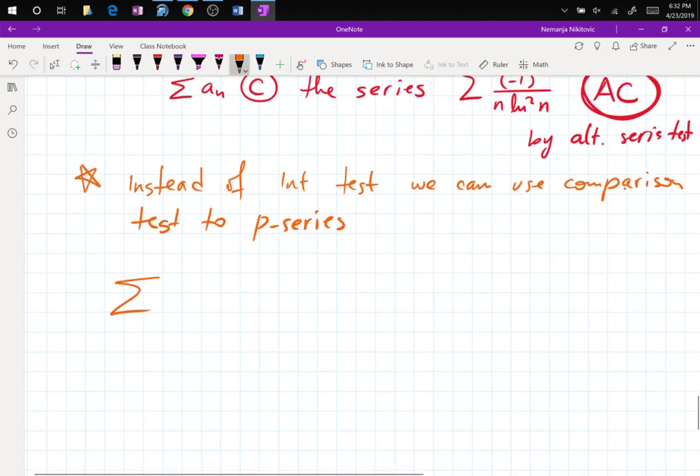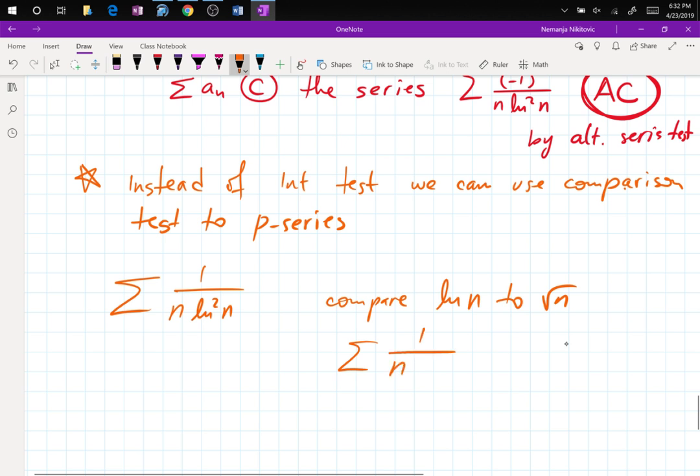You have your summation 1 over n ln squared n. Now we compare ln n to the square root of n. That significantly changes things, because now you have summation 1 over n times square root of n squared, which is summation of 1 over n squared, which converges by p-series.